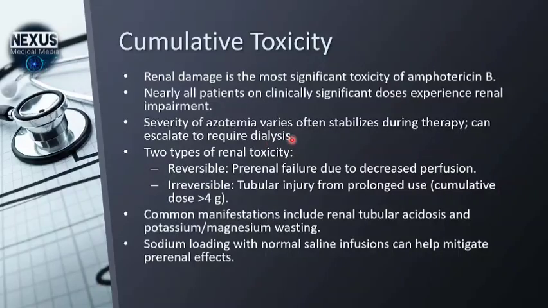There are two types of renal toxicity. One is reversible and one is irreversible. In reversible renal toxicity, there is a pre-renal failure due to decreased perfusion. So you need pre-hydration and post-hydration, right? If you keep the patient hydrated, you might be reducing this risk, right?